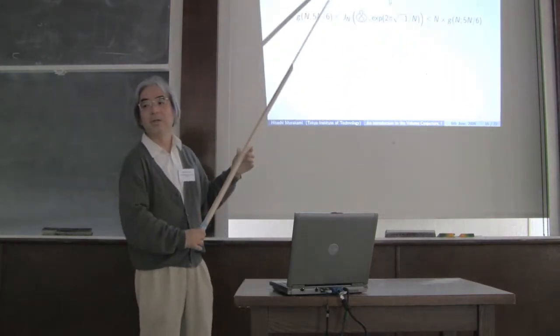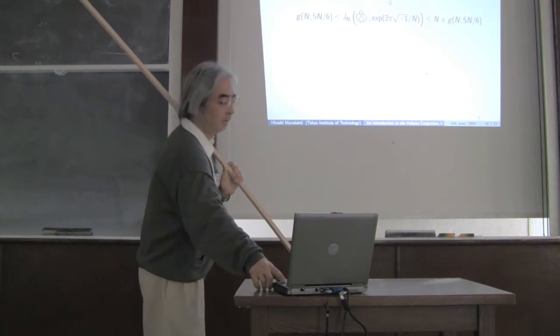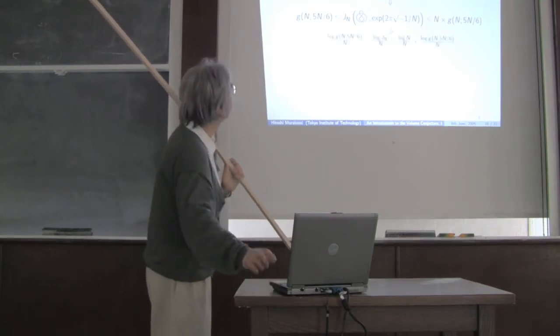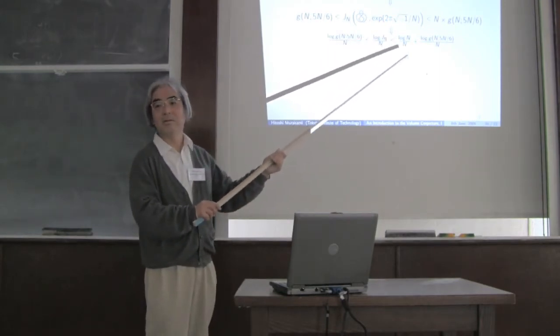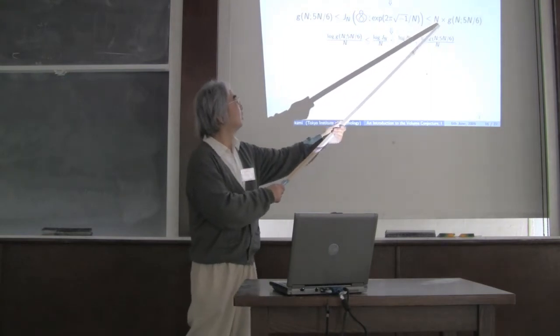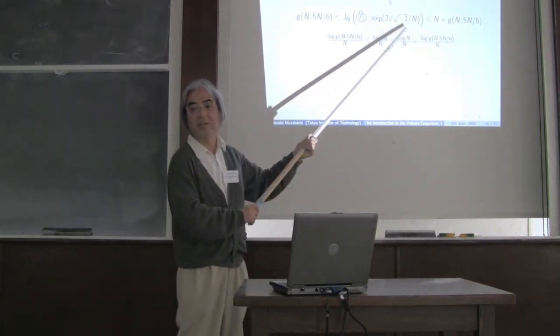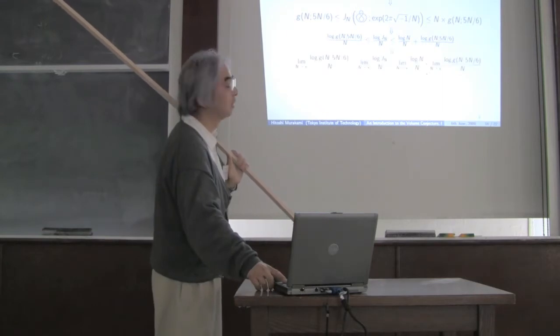So we have these inequalities. Okay. Then we take both and divide by n to get these inequalities. Note that the product becomes a summation after taking log. And then take the limit.